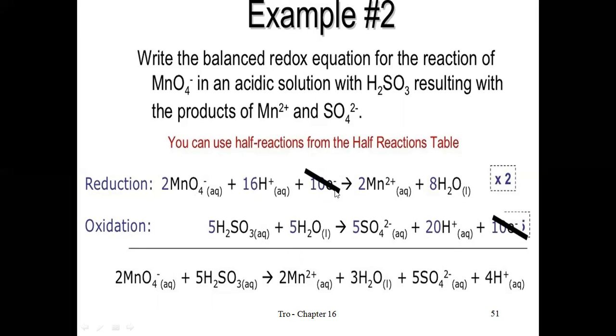After that, the electrons are removed in the oxidation and accepted in the reduction. The 10 electrons removed are accepted by this reaction. So you just cancel them and write down the final reaction here.